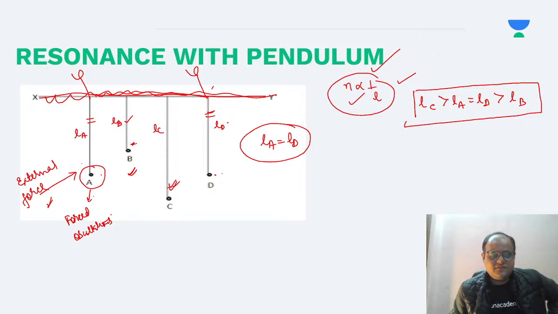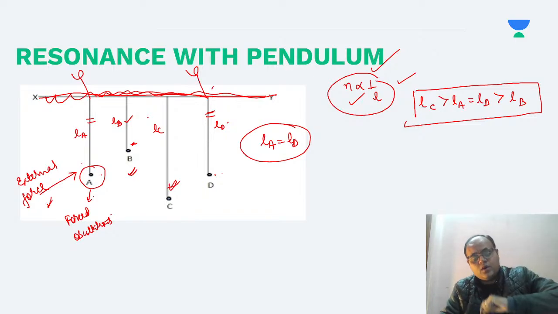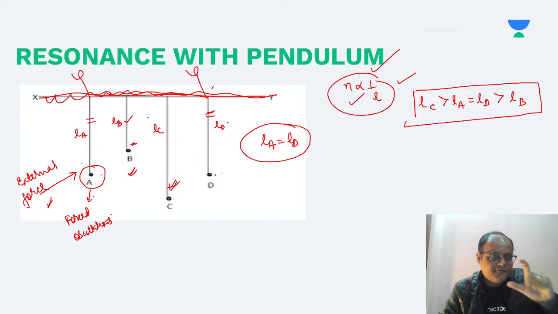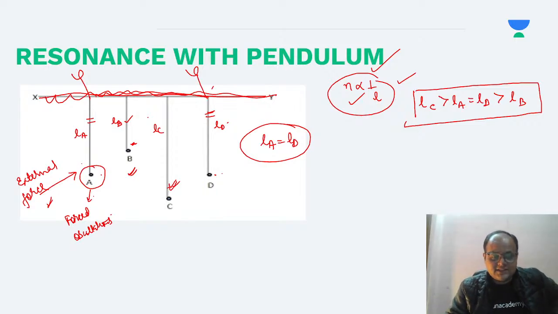If the length is less, the frequency will be large. This is how things happen. Whenever you get a simple pendulum question, or a tuning fork question, or a vibration in an air column question related to forced vibrations, you just have to check the lengths, and you'll get the answer.